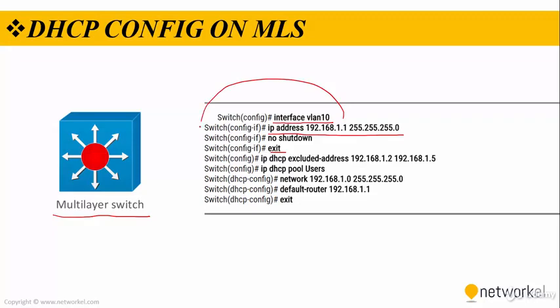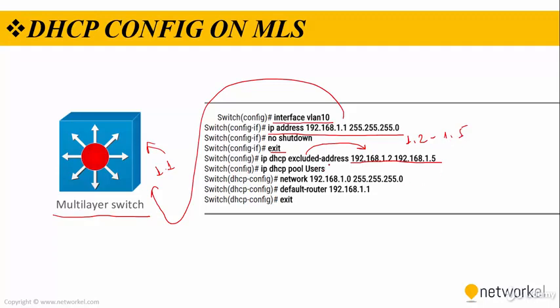This IP address can be used for the remote connection to this multi-layer switch as well. Then we have an IP address range that we exclude from our DHCP pool. The range is between 1.2 and 1.5.